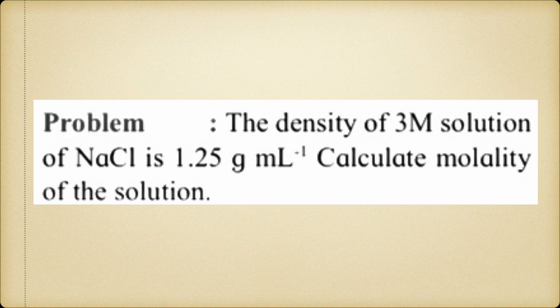From this I have to find out the molality. Always remember, molarity is number of moles of solute upon volume of the solution in liters, and molality is the number of moles of solute upon mass of solvent in kilogram.